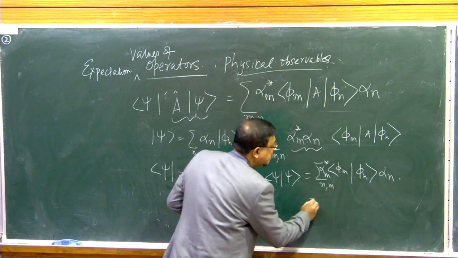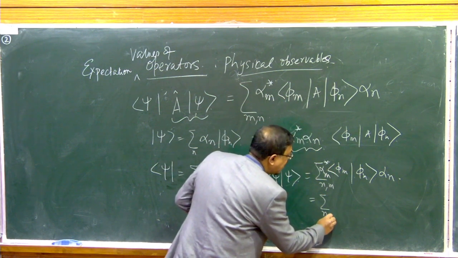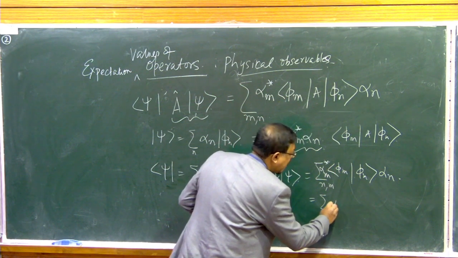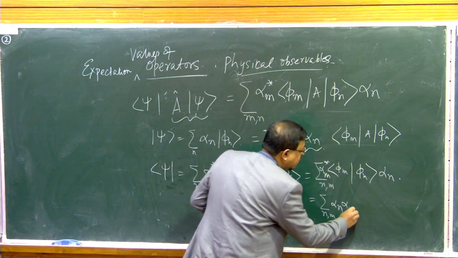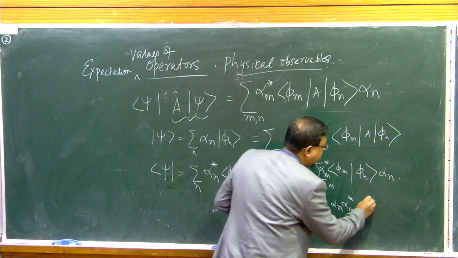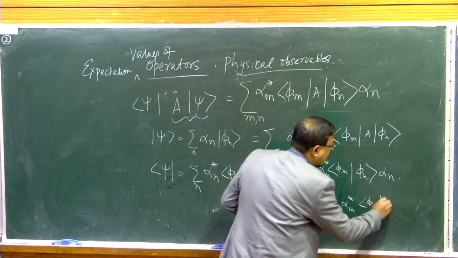So this is equal to the sum over n, m of alpha n alpha m star and phi m and phi n.